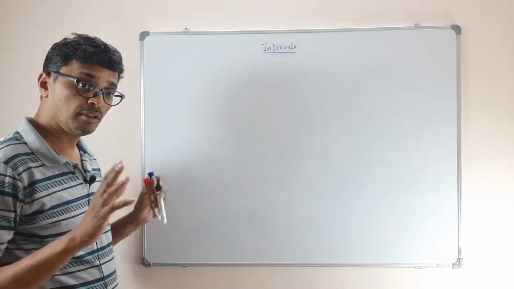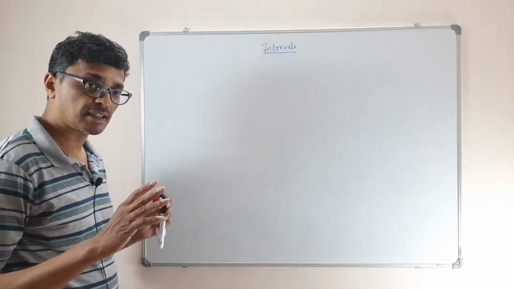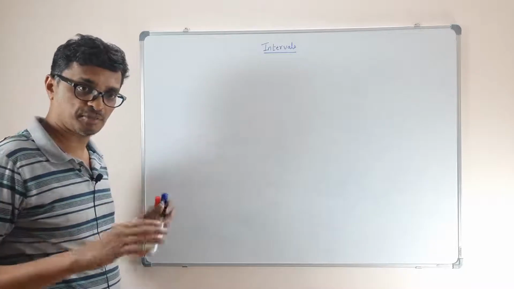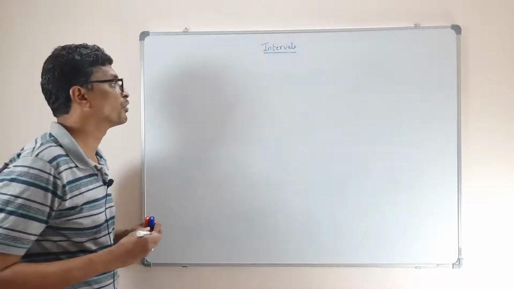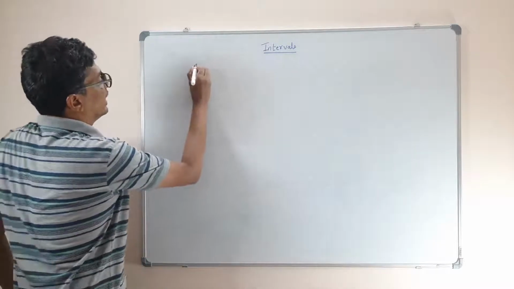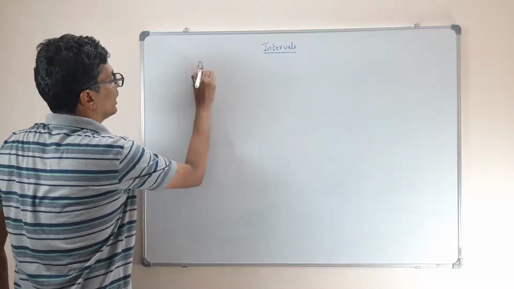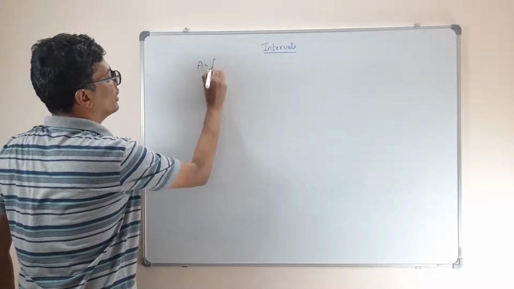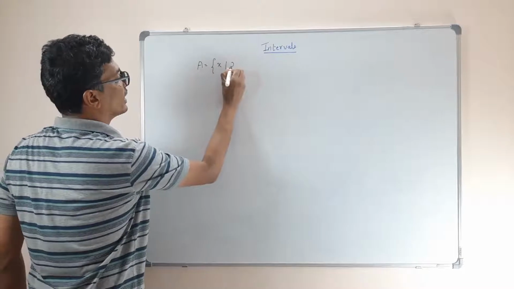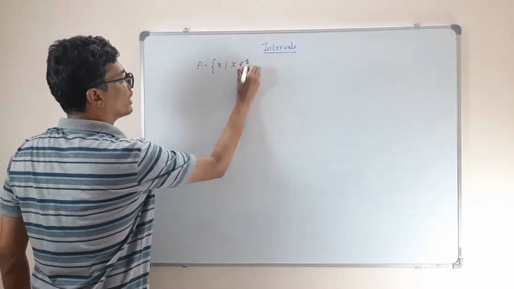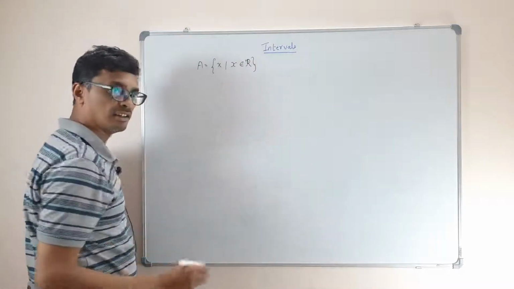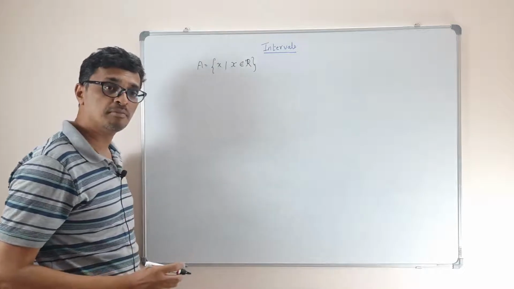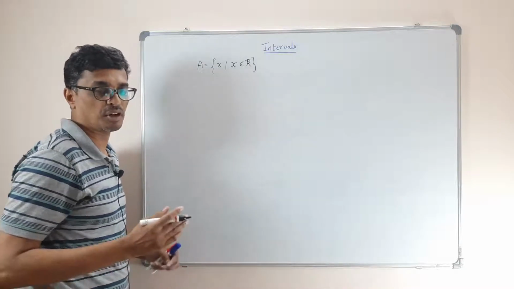Now tell me, how will you construct the set of all real numbers? Say the set A is X such that X is an element of R. Real numbers can go from minus infinity to plus infinity.